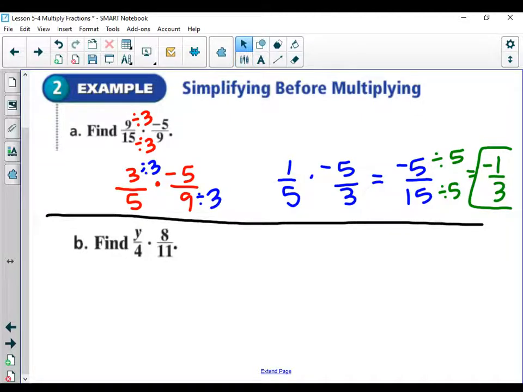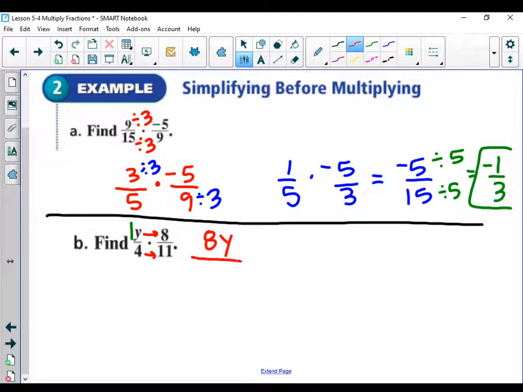Box number 4. Do not be scared about a variable. Remember what hides in front of a variable. Multiply straight across. 1 times 8. 4 times 11.